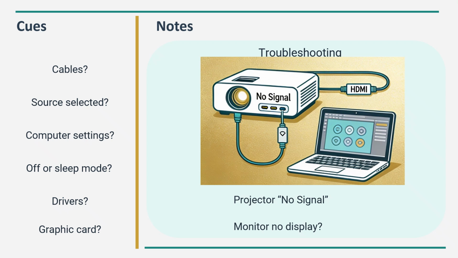Unfortunately, when a projector says no signal, it does mean that it's on, so you can't say switch it on. And then, do the drivers work? Maybe see if you can download a new driver. And with a monitor that does not display, a graphics card can also be a huge problem.